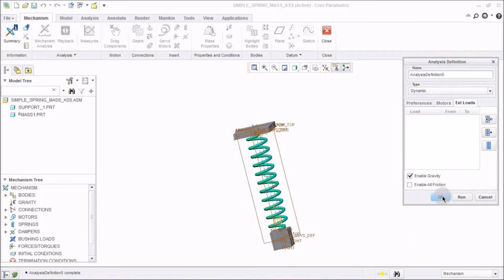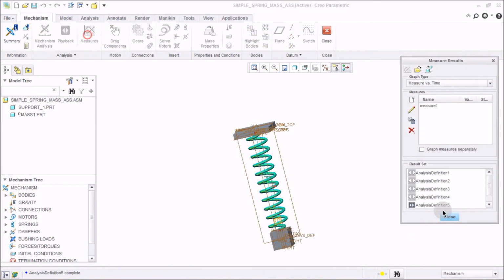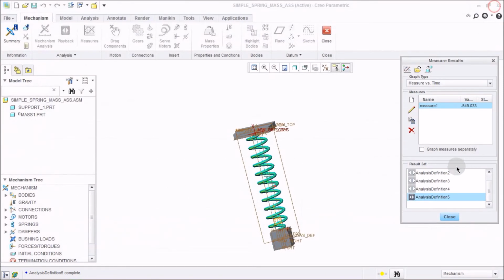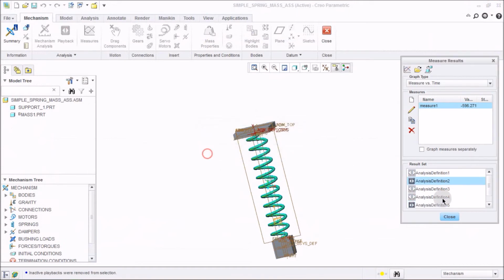Okay, measures, select our measure one. As you see, there is no kind of vibration occurring because my system is in an overdamped condition. Now we compare all these for our analysis.